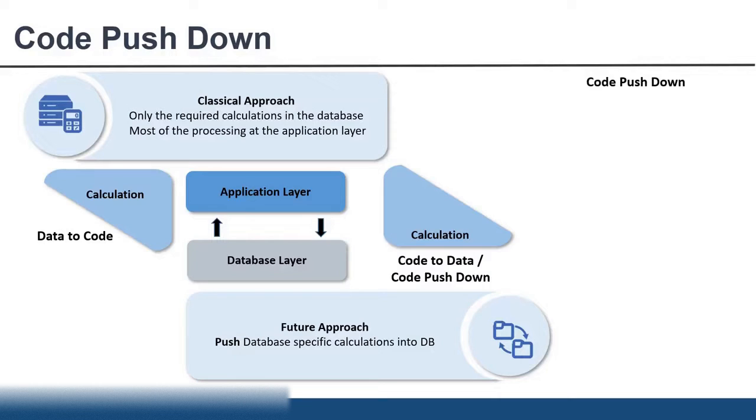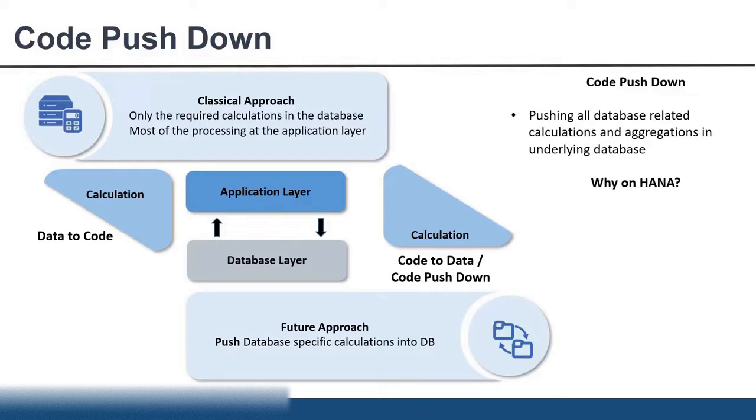So you need to first understand what is code push down very clearly. Code push down is nothing but pushing all database related calculations and aggregations into the database. And why you do it on top of HANA? Because HANA has the capacity to handle huge amount of data with a very high speed. It can handle such calculations with a very high speed.